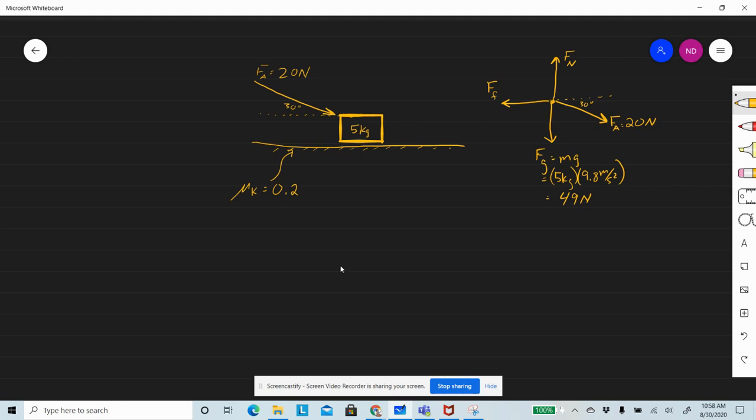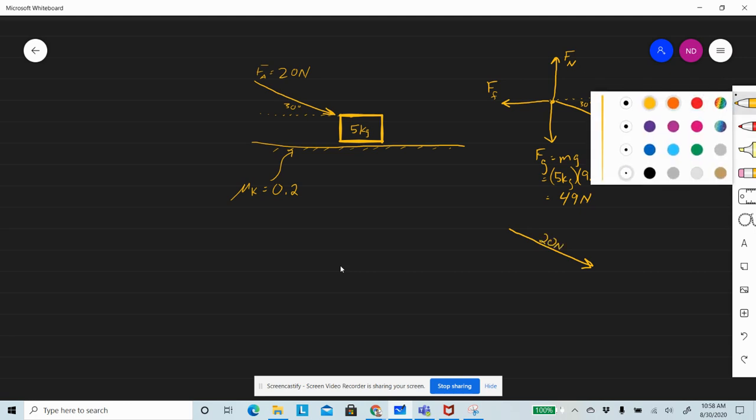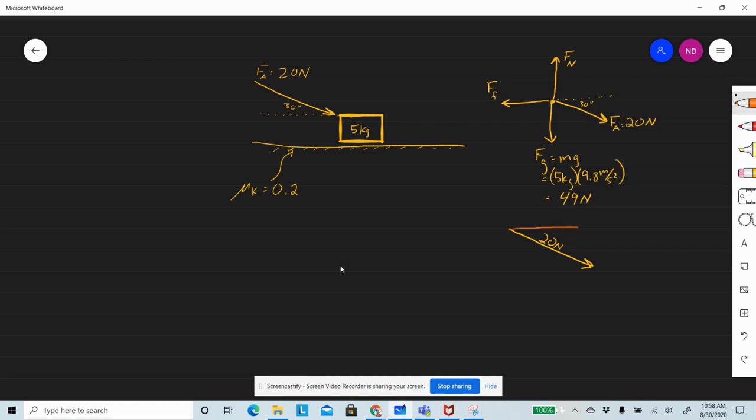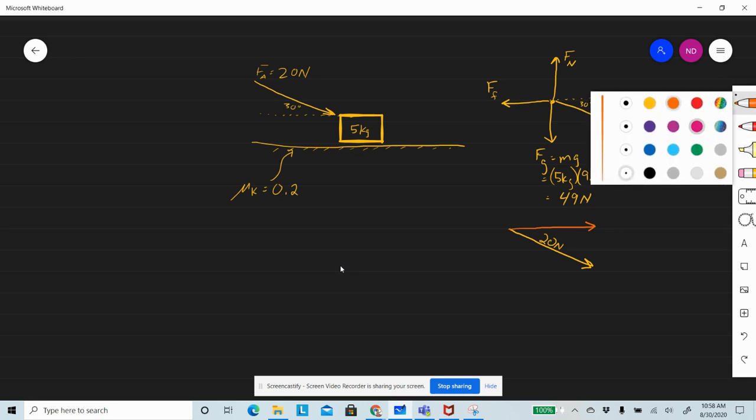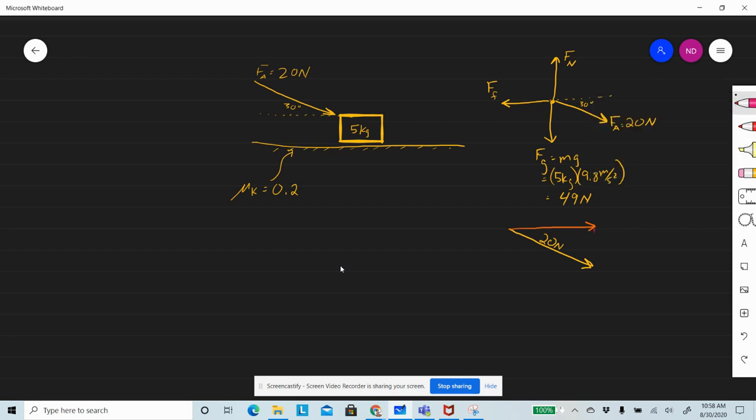When you go to do the sum of the forces, you have to split that force up. If we had that force at an angle, that's 20 newtons, and some of that force is to the side this way, and some of that force is down.